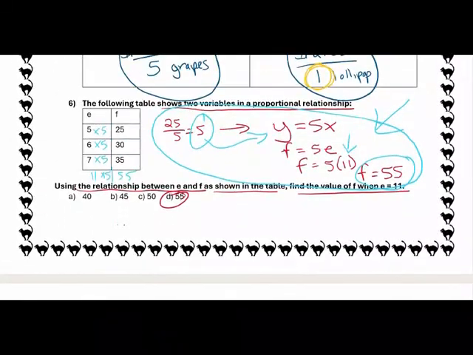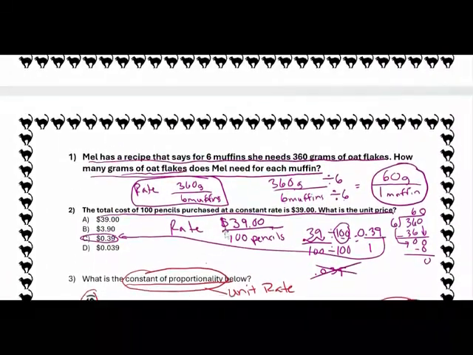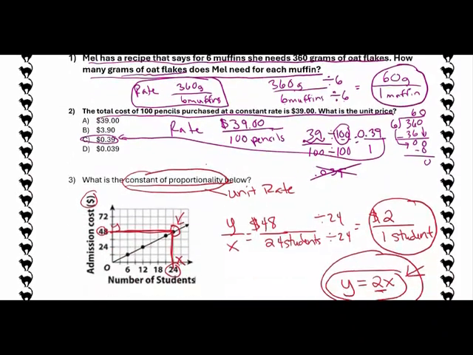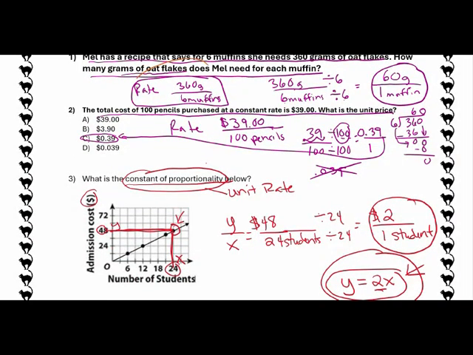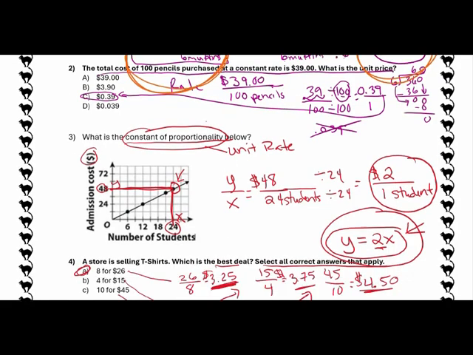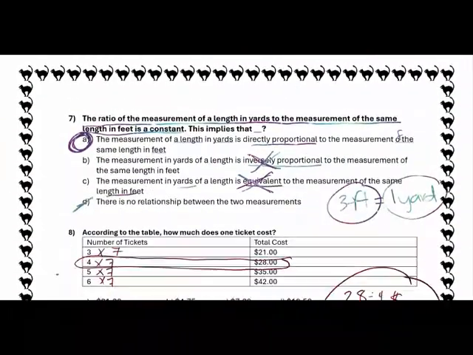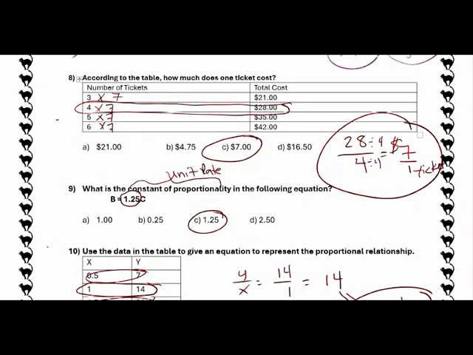Ratios and proportional relationships. The best thing to remember is that you always do Y over X, or put money on top. Know the difference between a rate and a unit rate, which is very evident in question number 5. Remember, the denominator for a unit rate has to equal 1, because it's how much is it per one something. That's all it is over and over again.